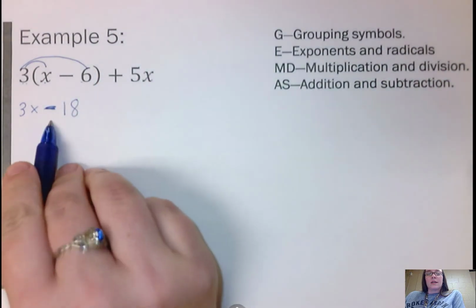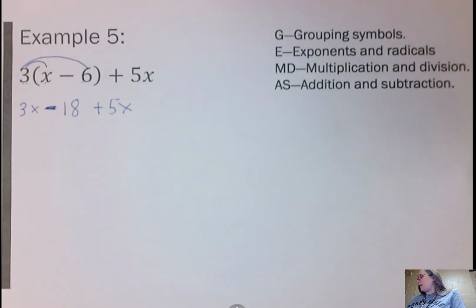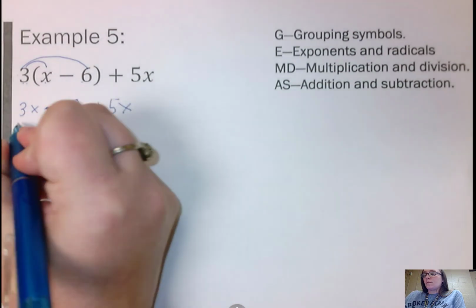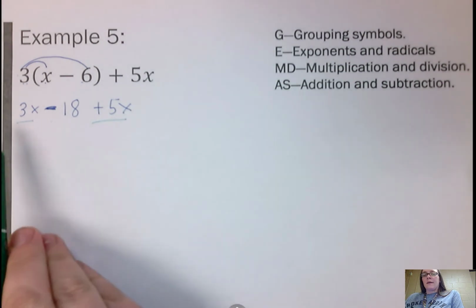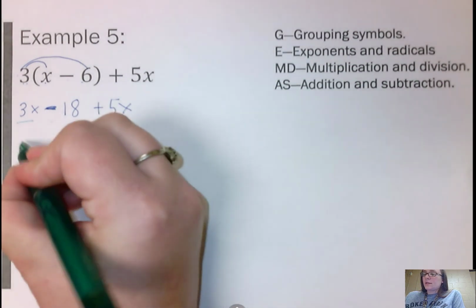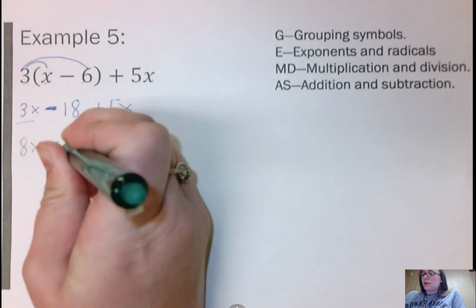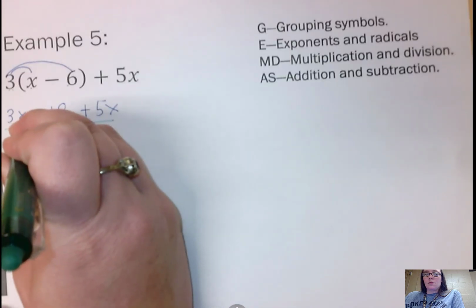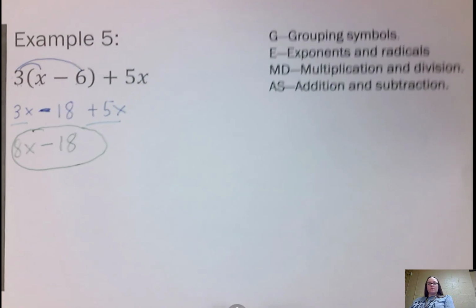So we've got 3x minus 18 plus 5x. Look for your like terms, and we're going to add them together. So 3x plus 5x is 8x minus 18, and there is our answer for this one.